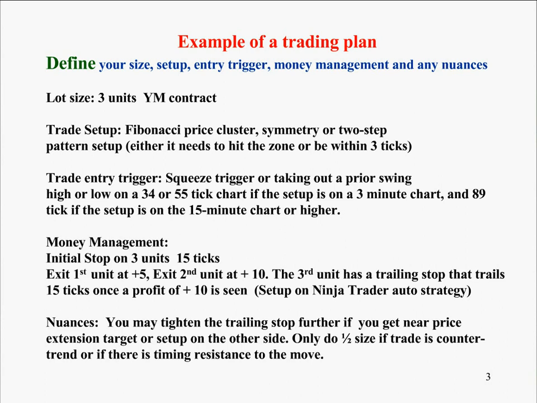And then as far as how you want to manage that, you can exit the first unit at +5, exit the second unit at +10, and the third unit has a trailing stop that once there's a +10, you have the auto trail. Okay, and that you can do on NinjaTrader and some of the other platforms. There are others like Strategy Runner, that type of thing.